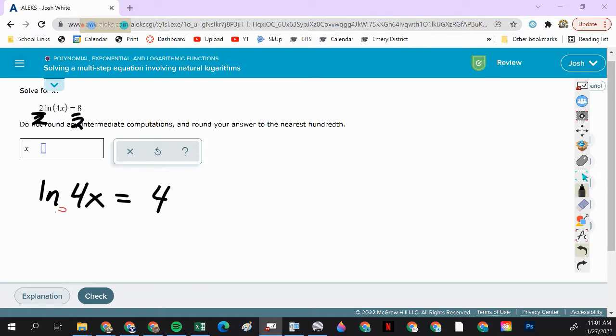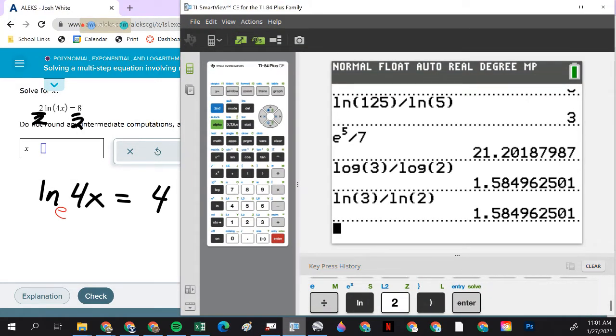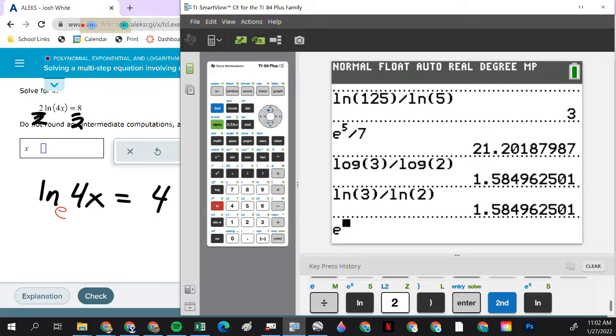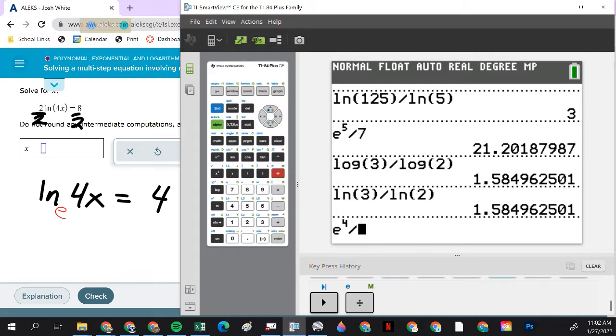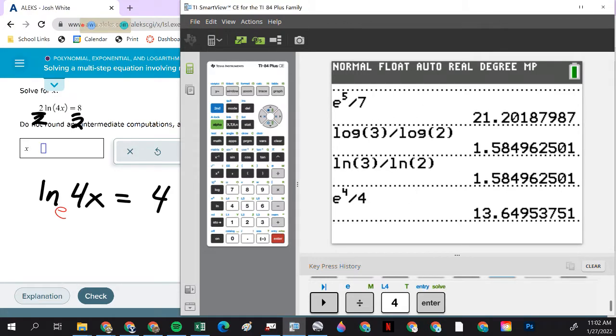So this is an e, right? What do you do when there's a variable inside a logarithm? Convert to exponent. e to the 4th is 4x. Yep. So x is e to the 4th divided by 4. So in your calculator, your e button is usually right above the ln button. So e to the 4th divided by 4, 13.6.